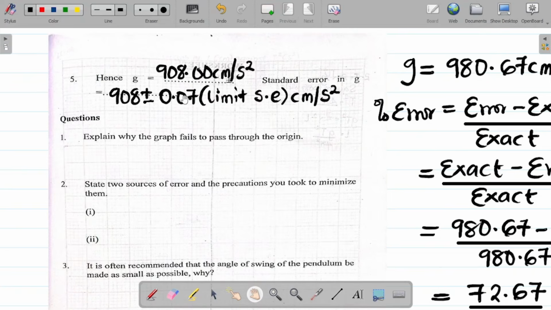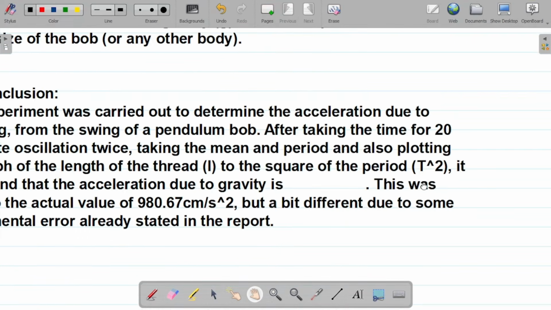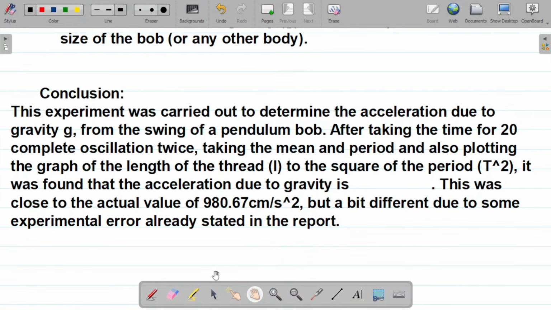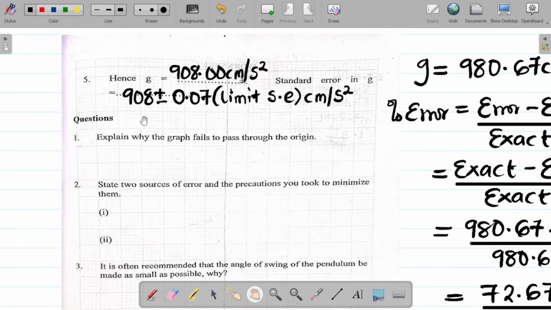We got that value as 908.00. Checking back to this, we said that we got g as 908.00. So we'll go back to our conclusion.